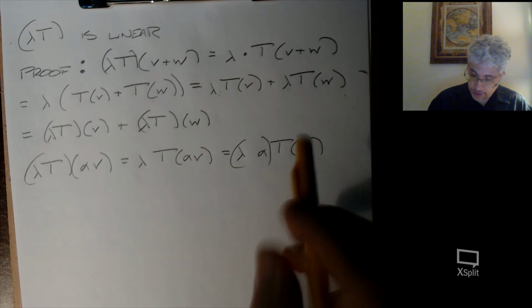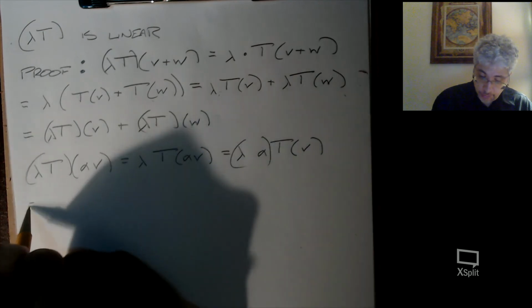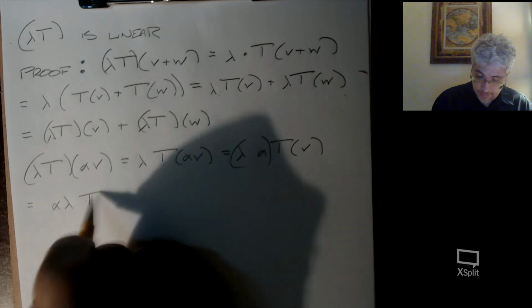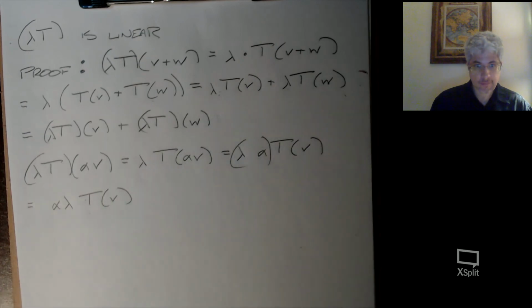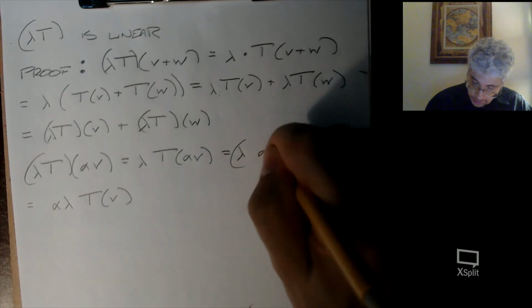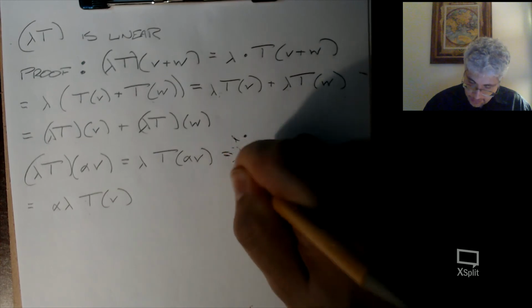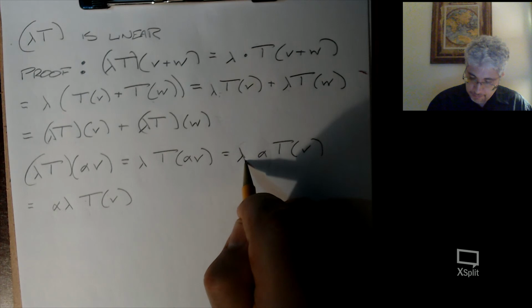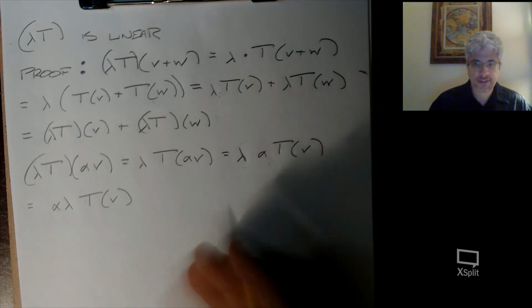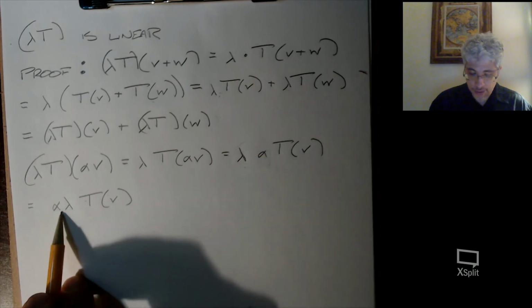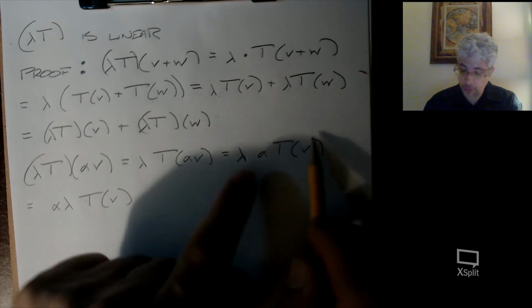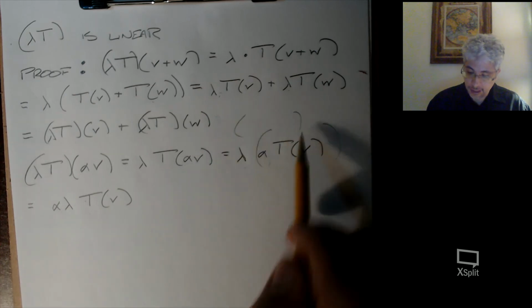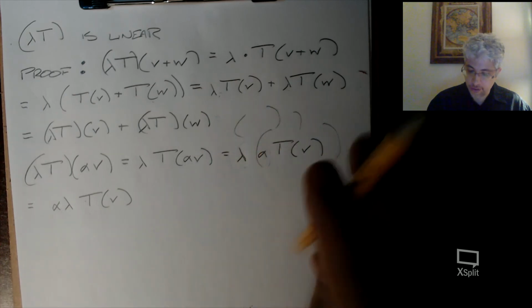With the compatibility law of vector spaces, it's not associativity, because it's not three of the same thing, I can switch this, and I don't have to write the parentheses anywhere, because I can group it either way.